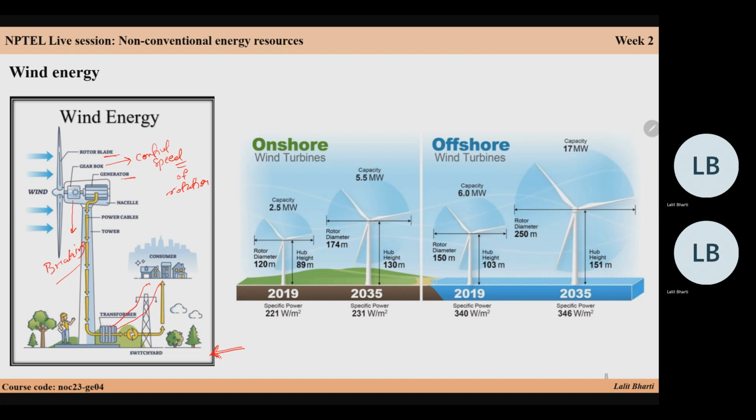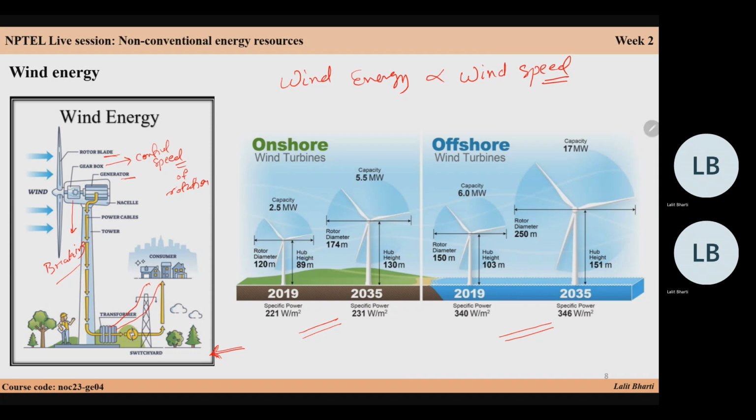So these are some offshore and onshore wind turbines. Onshore is basically on normal ground, whereas offshore is at sea level. The wind energy depends on the speed of wind.